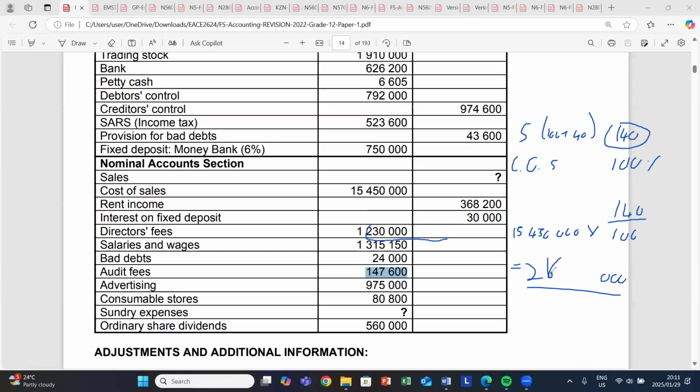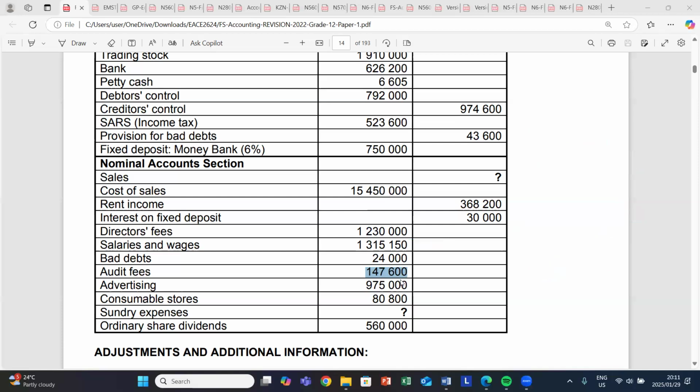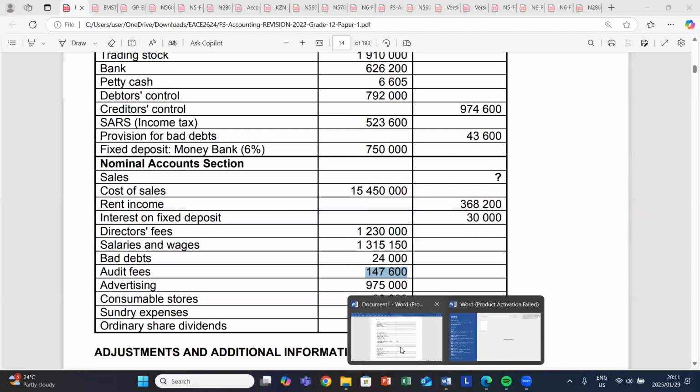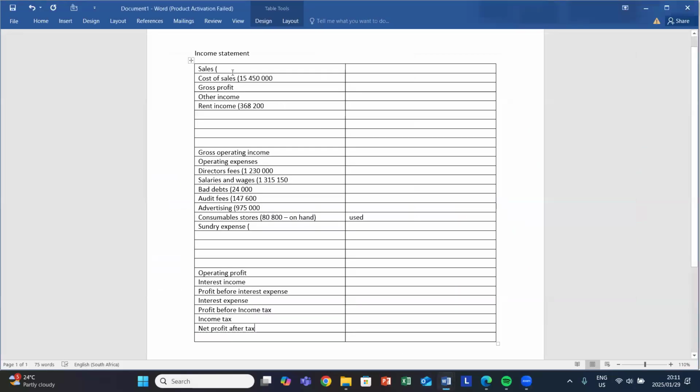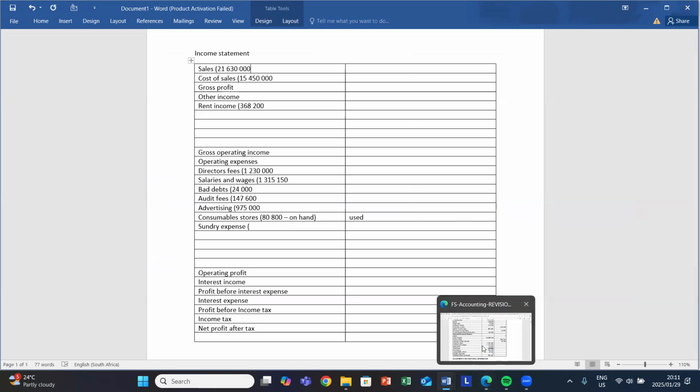You get 21,630,000. So 21,630,000 will be our sales. So therefore we have to record it in our statement. Then let's proceed with our adjustment.